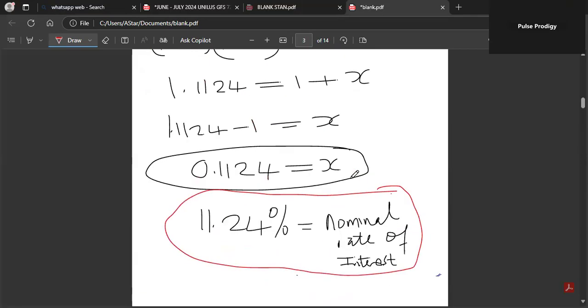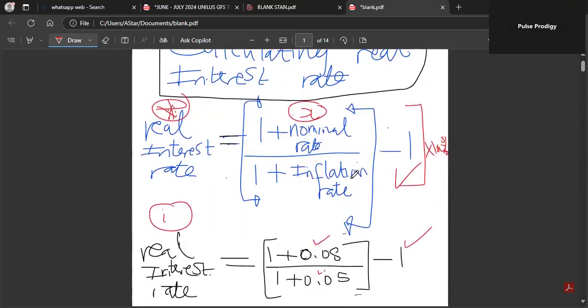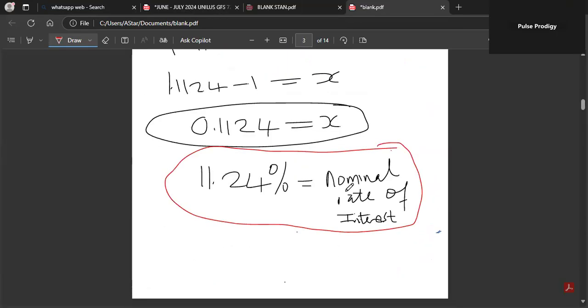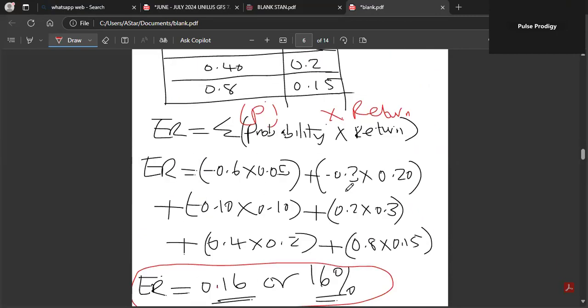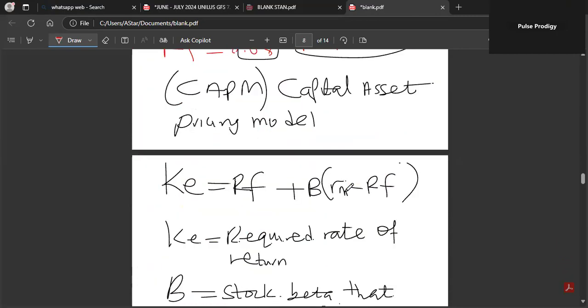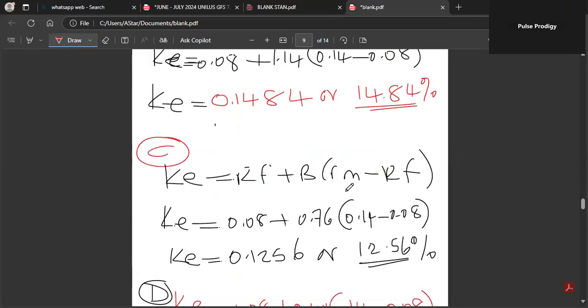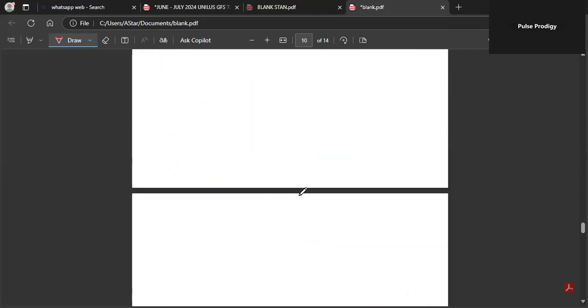So the first one is on calculating the real interest rate that we've looked at, calculating the required rate of return using the capital asset pricing model. And in yesterday's class, I talked about the Sharpe ratio. So there are three measures.